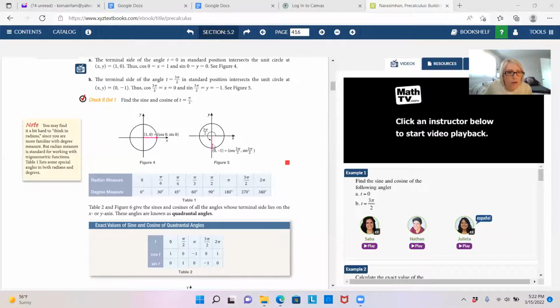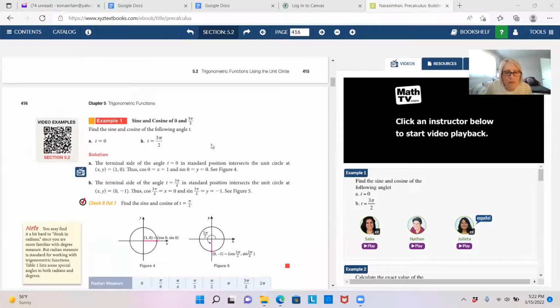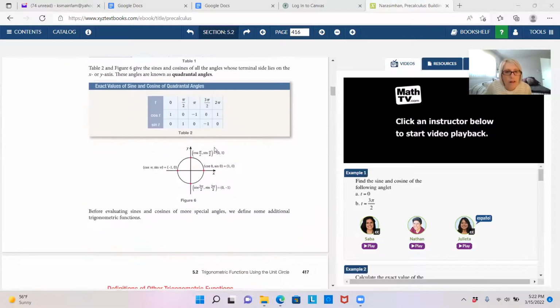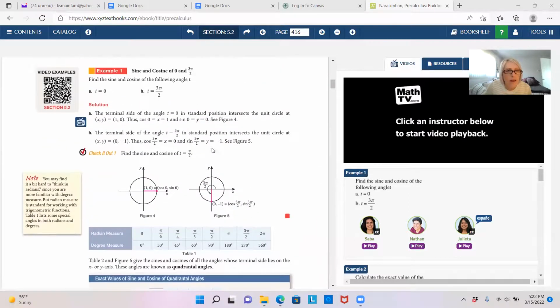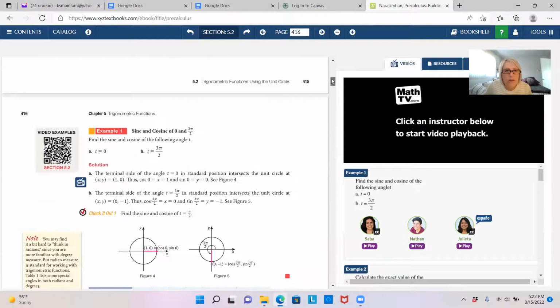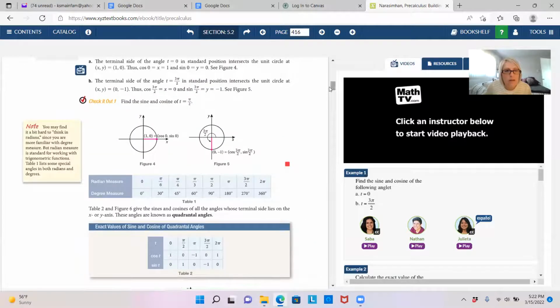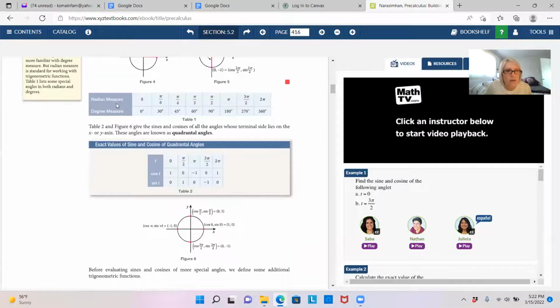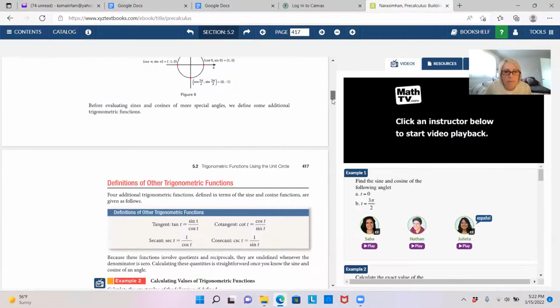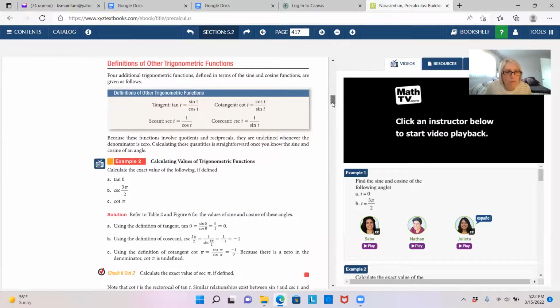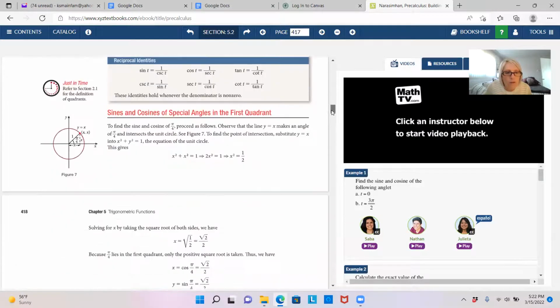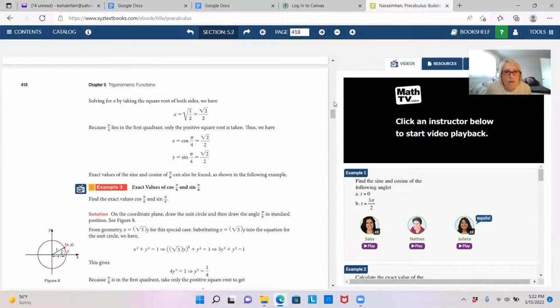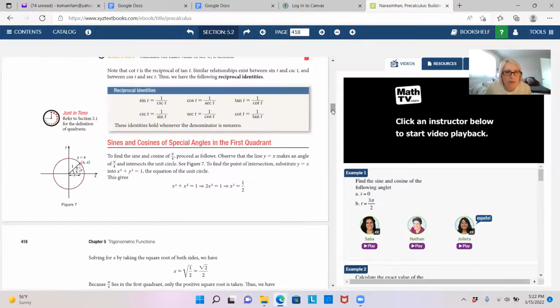So you can see here that here we are in the book. This table gives some great radian measure versus degrees, so you can pull them out. But I want to show you this one here, example 2.